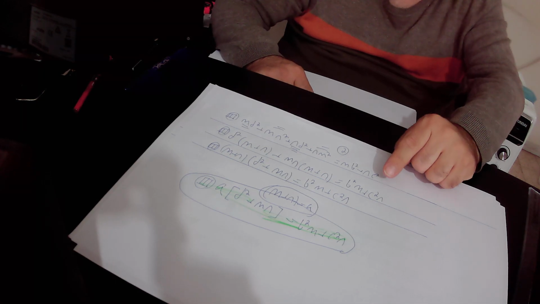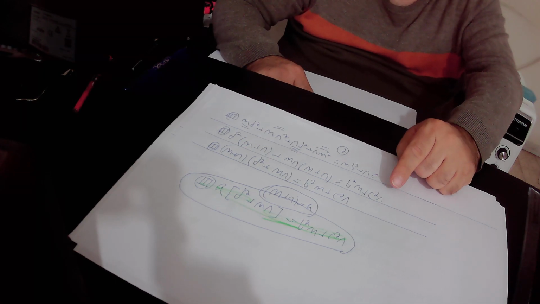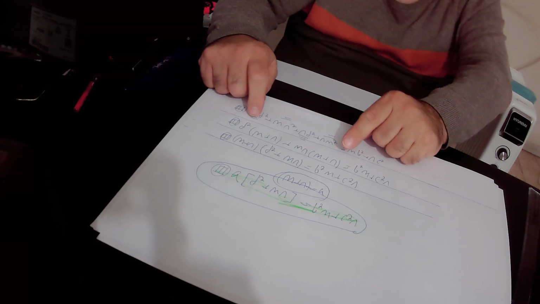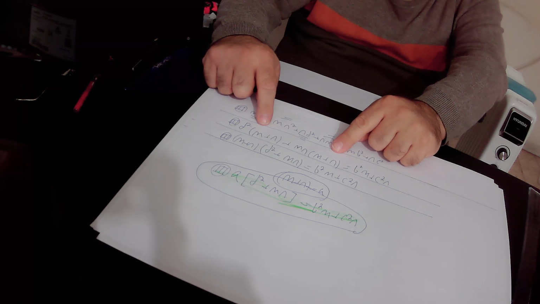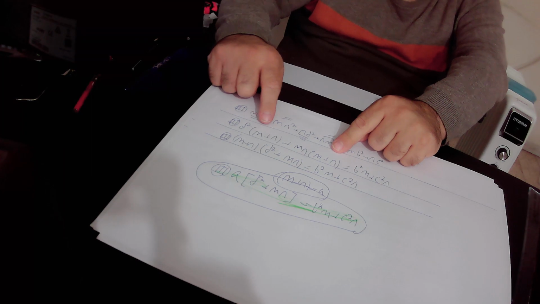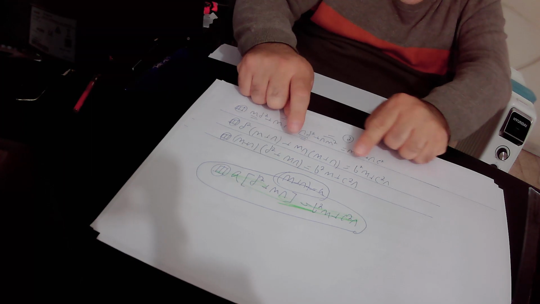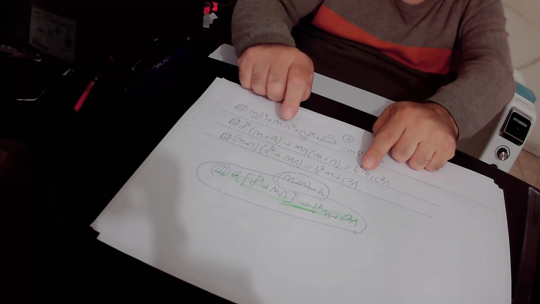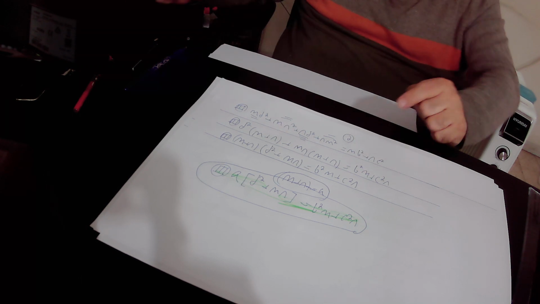And it is equal to b squared m plus c squared n. In the next step, we took out m plus n as a common factor from those two expressions, so inside the brackets we are left only with d squared plus mn, and it is equal to b squared m plus c squared n.